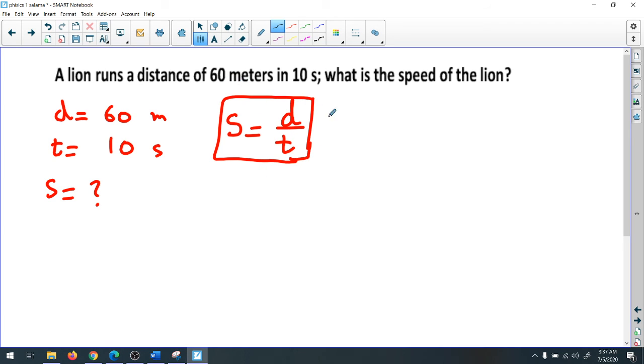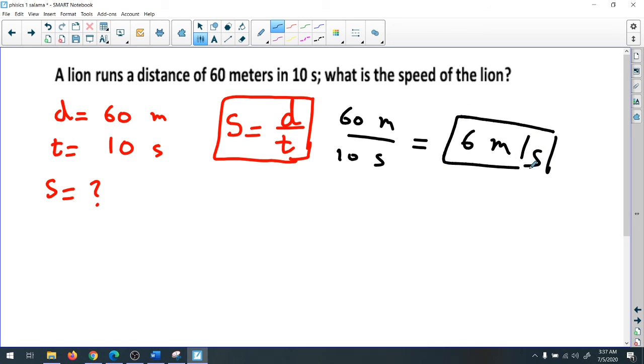Distance is 60 meters, over time equals 10 seconds. Then we divide 60 by 10 equals 6, and m over s, which is meters per second. This is the final answer, and this is the solution.